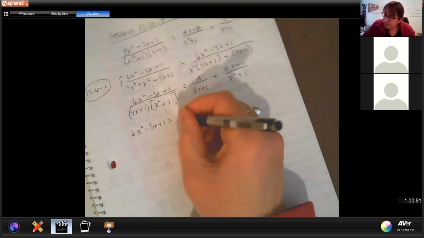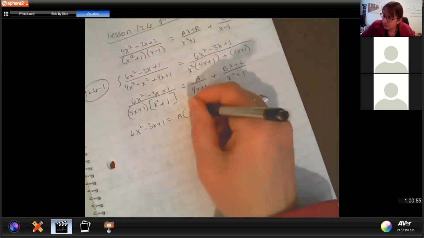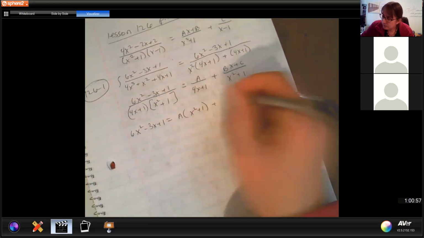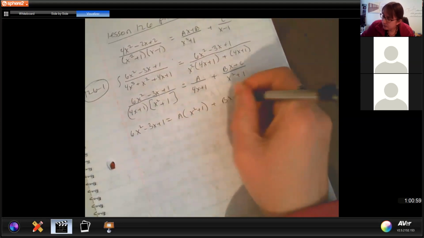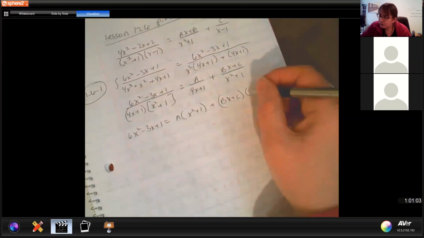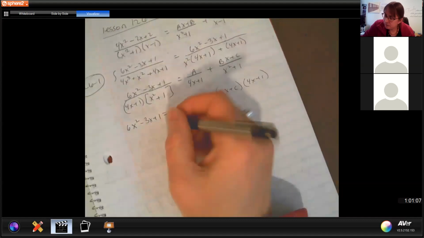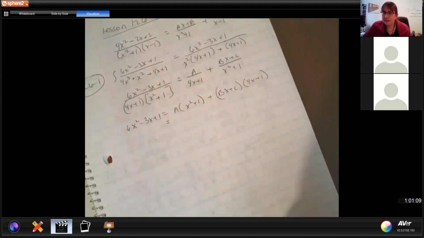And so A needs to be multiplied by x squared plus 1, and then Bx plus C needs to be multiplied by 4x plus 1. And then I'm going to go ahead and distribute and FOIL.